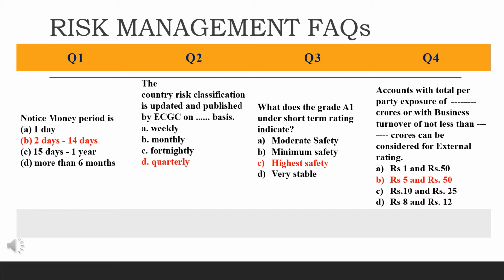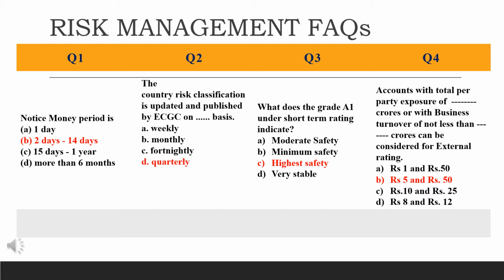Why? Because of what A1 instruments are. A1 instruments with this rating are considered to have a very strong degree of safety with regard to timely payment of financial obligations. So therefore, such instruments carry the lowest credit risk.